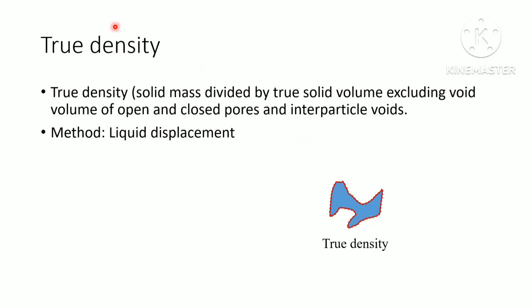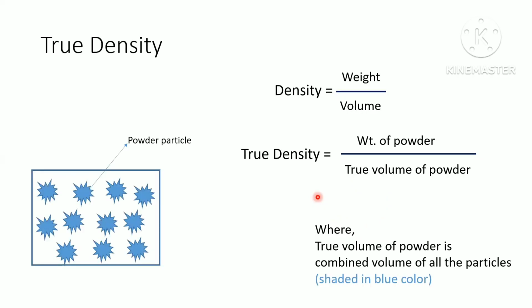And to determine the true density, we use the liquid displacement method. Now, what is the liquid displacement method? The true density is measured using the true volume of the powder sample.